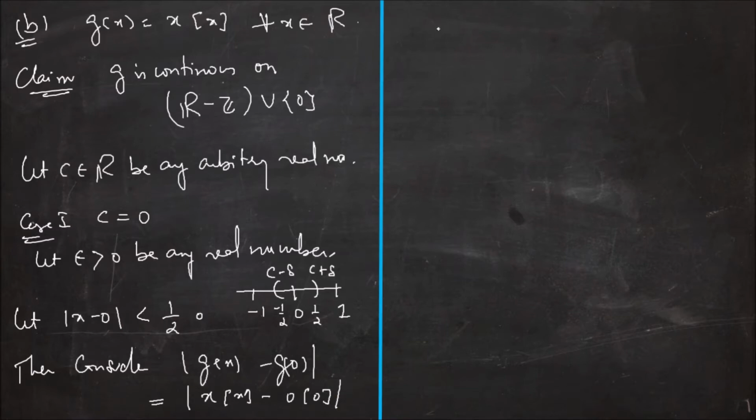And what is the value? This is 0 if x is greater than 0 and x lies between 0 and 1 by 2, so the greatest integer function of x will be 0. So this will be 0 if x is greater than 0.